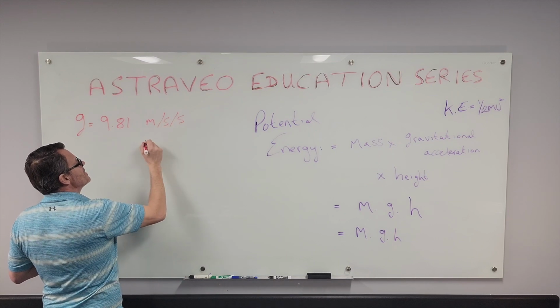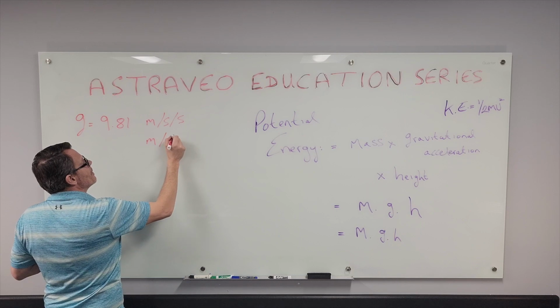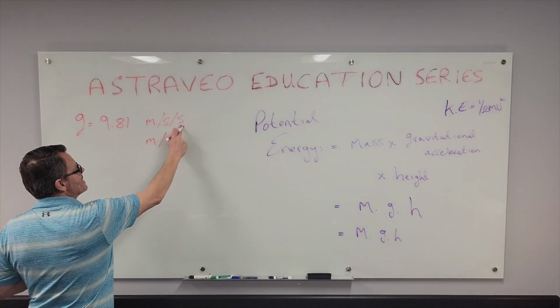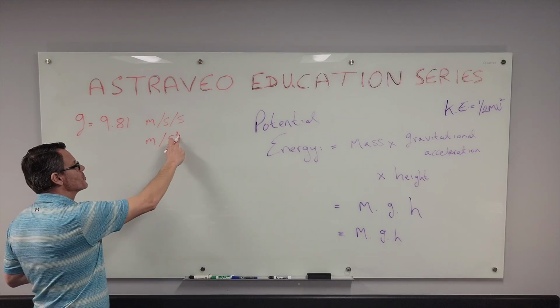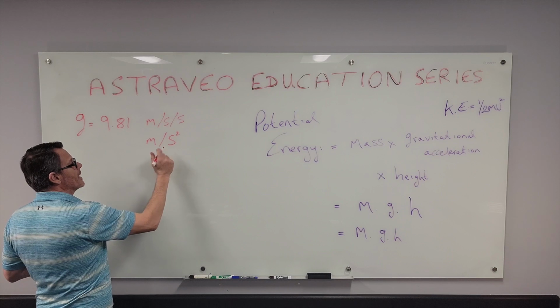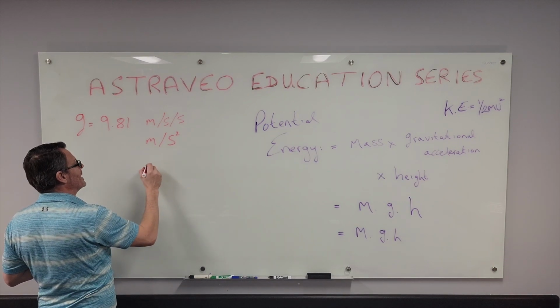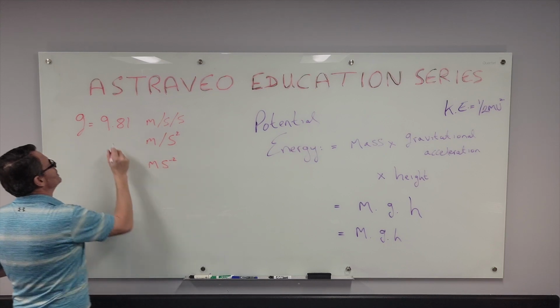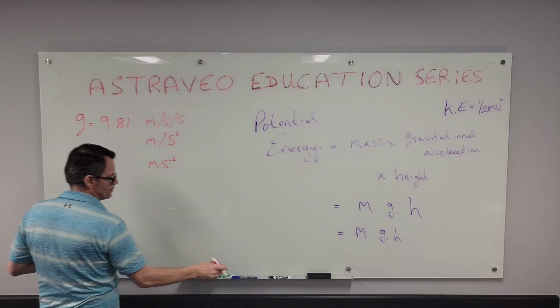Well, per second is written meters per second squared. We know divided by s will give us divided by s squared. And in mathematical notation, the divided by turns this 2 into a minus 2. So the units are m s^-2. So this is what g is.